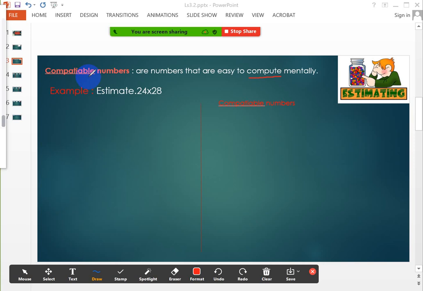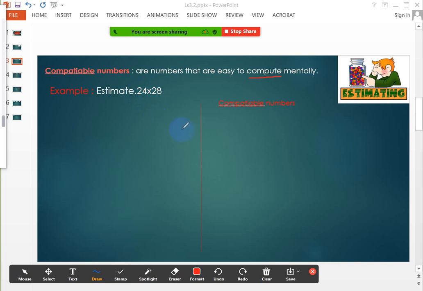I have two numbers and those two numbers are suitable to each other. Actually, in compatible numbers, most times the ones digit becomes 0 or 5.